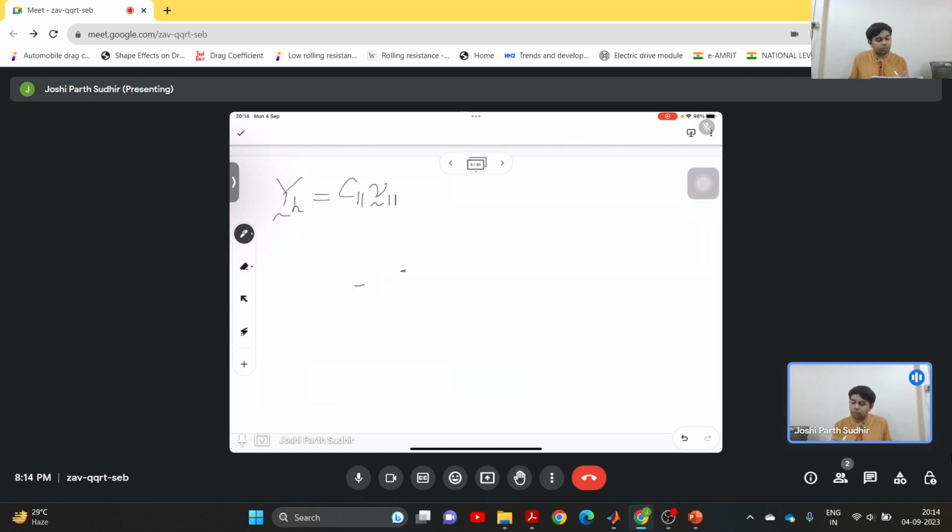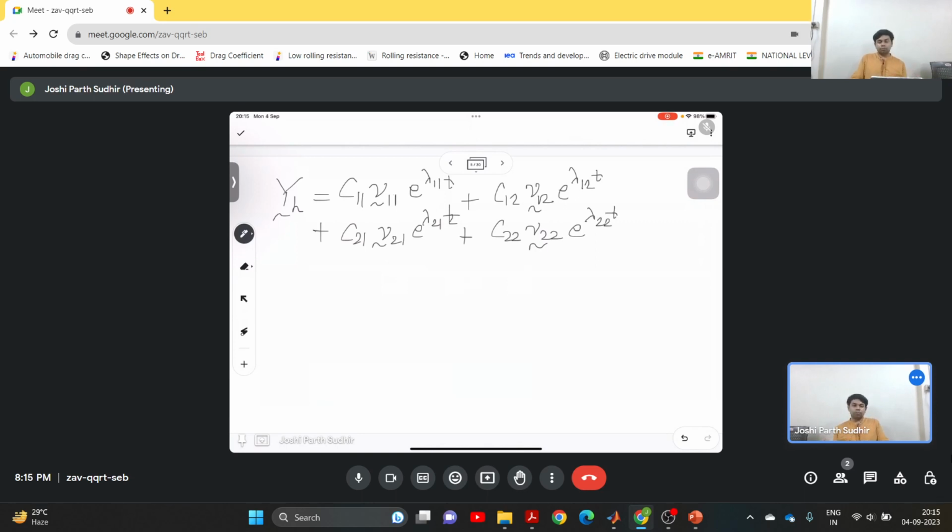Basically it will be a combination of these solutions plus C21, so this will be our general solution to our homogeneous differential equation.